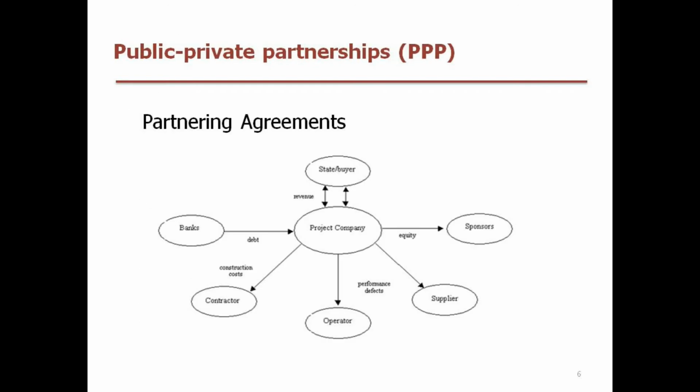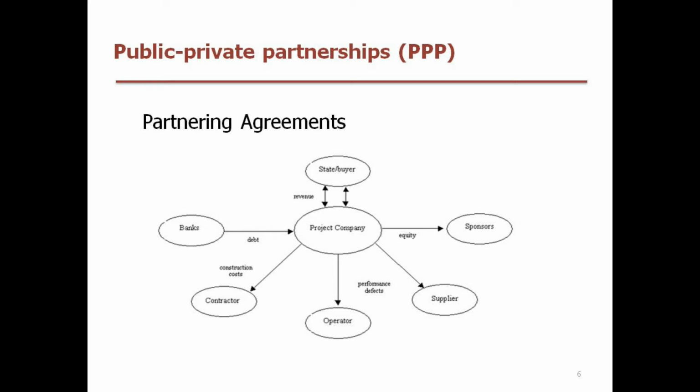If we look at a very simple layout of public-private partnerships, it's very simple. You can see the main line is between the buyer, the client, and the project company. What's interesting here is that I need to emphasise that PPP, or public-private partnership, is still relatively new in Australia, only for larger projects generally, with Victorian roads and prisons and that type of thing.